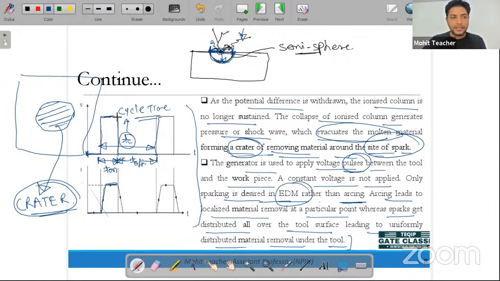Now when the voltage is turned off, the current again takes the same time, because of the linear relationship, from here to here. So the time period will be the same, it will not change, though the interval can change. Okay, so it's clear.